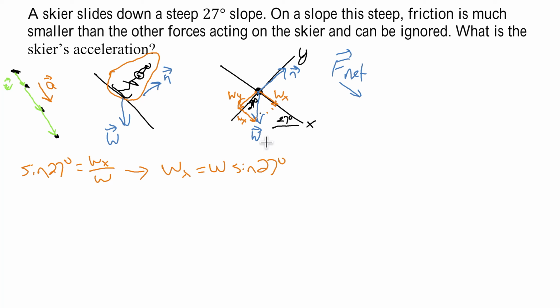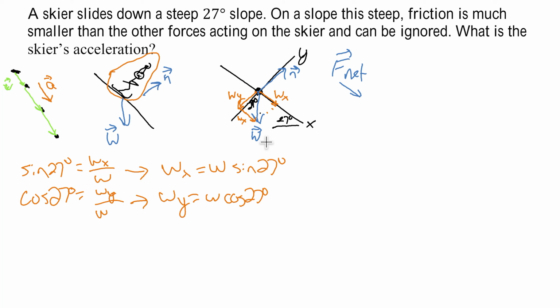And I can do the same thing now for W sub y. W sub y is on the adjacent side of 27 degrees. So that is cosine, adjacent over hypotenuse. So I'll have cosine 27 degrees equals W sub y over the hypotenuse, which is W. And I will turn that into W sub y equals, multiply both sides by W, W cosine 27 degrees.